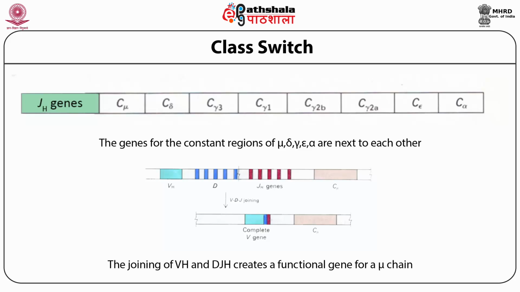In embryonic mouse cells, CH gene segments of the five classes of Ig lie together next to J gene segments. This includes 4 sub-isotypes of IgG in mouse.